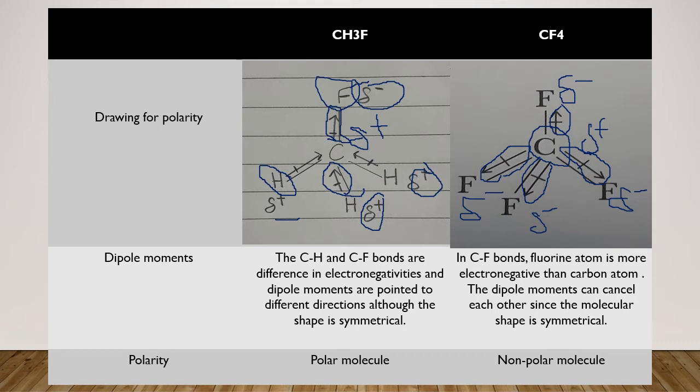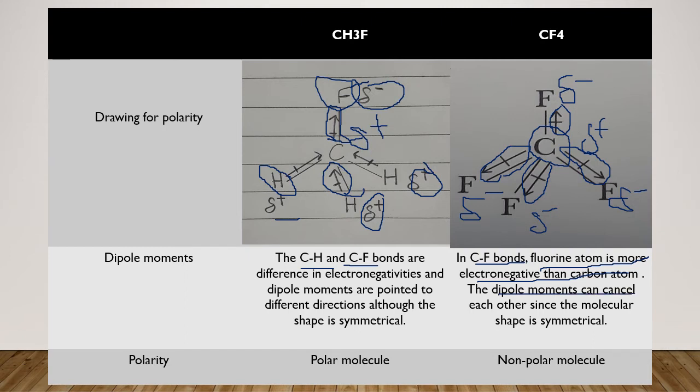Okay, let's see the explanation for dipole moments. The CH and CF bonds are different in electronegativities, and the dipole moments point in different directions, although the shape is symmetrical. And the next explanation, for carbon tetrafluoride: in the CF bonds, the fluorine atom is more electronegative than the carbon atom.